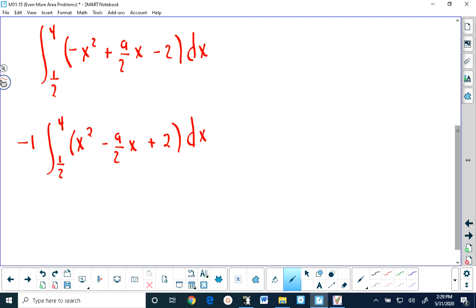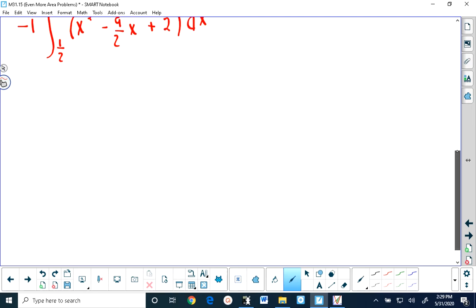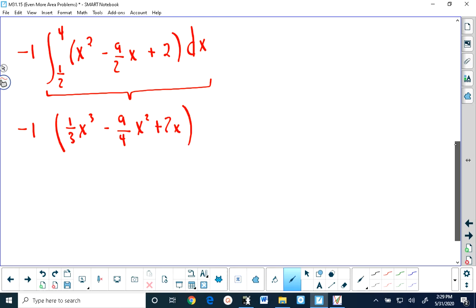And now if you look at what we're doing, we're evaluating one antiderivative. We need to figure out what the antiderivative of x squared minus 9/2 x plus 2 is, and it will be 1/3 x cubed minus 9/4 x squared plus 2x from 1/2 to 4.